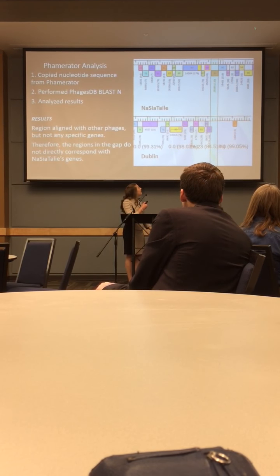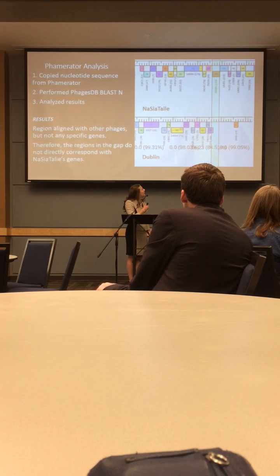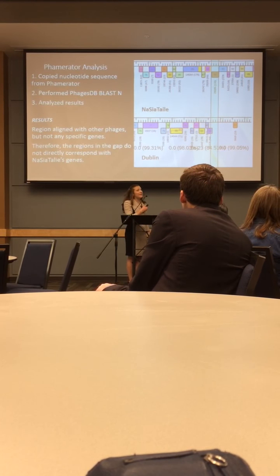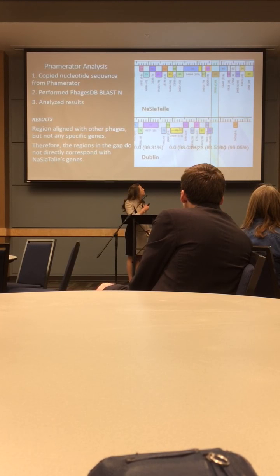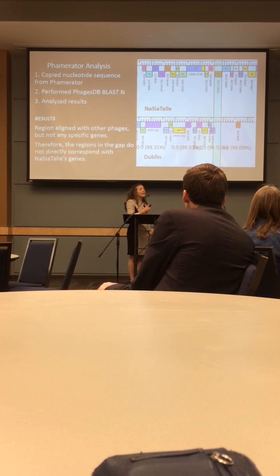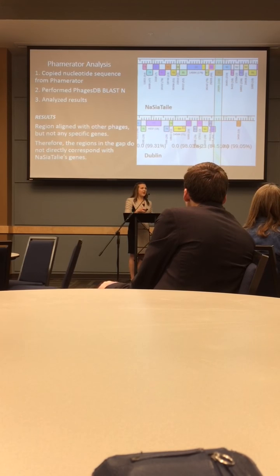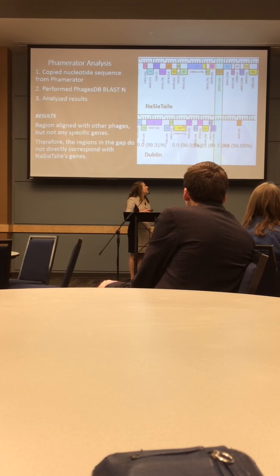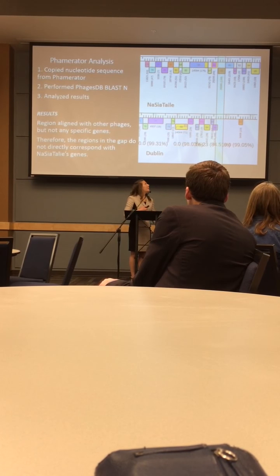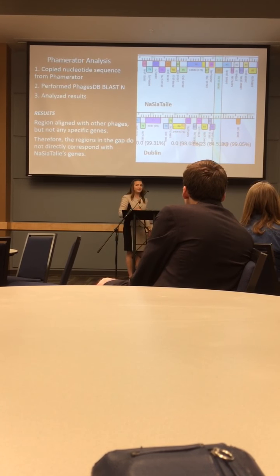Could it be that these regions might have protein coding regions inside the gap? So we highlighted the regions corresponding with genes 89, 90, 91, and 92 to see if they coded for any proteins. And similar to the last time, there were no protein coding regions there.